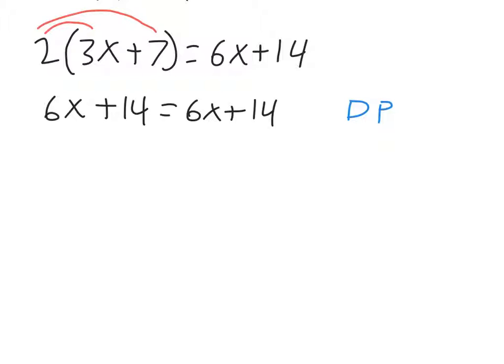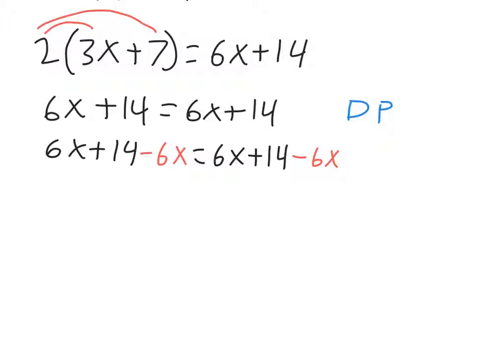So we rewrite it and subtract 6x from both sides, using the subtraction property of equality.